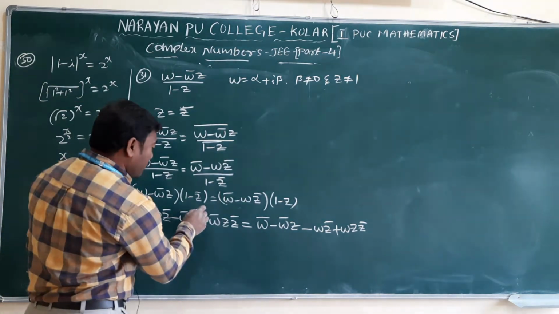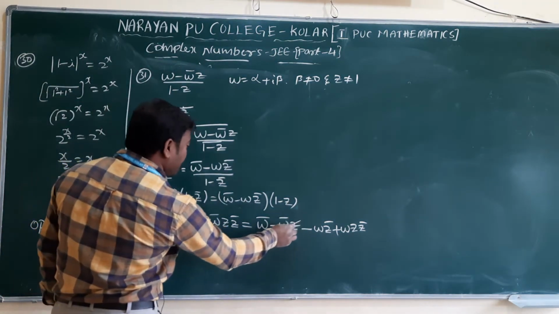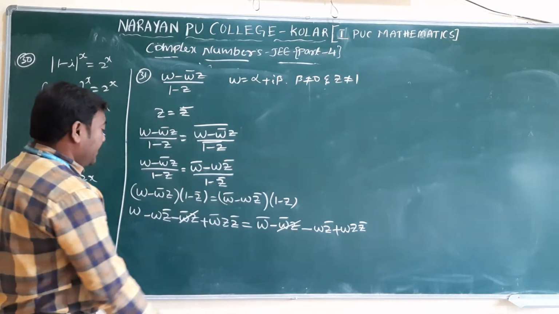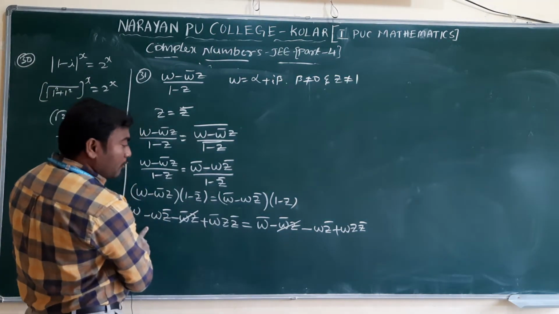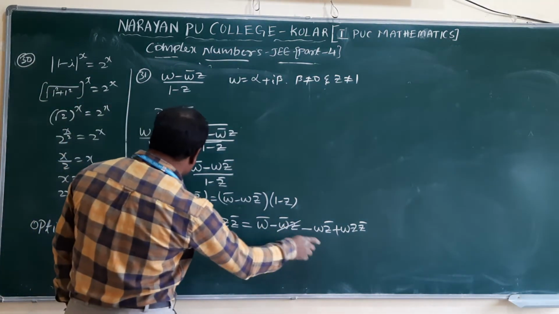Here −ω̄z and −ω̄z get cancelled. Again −ωz̄ and −ωz̄ get cancelled.